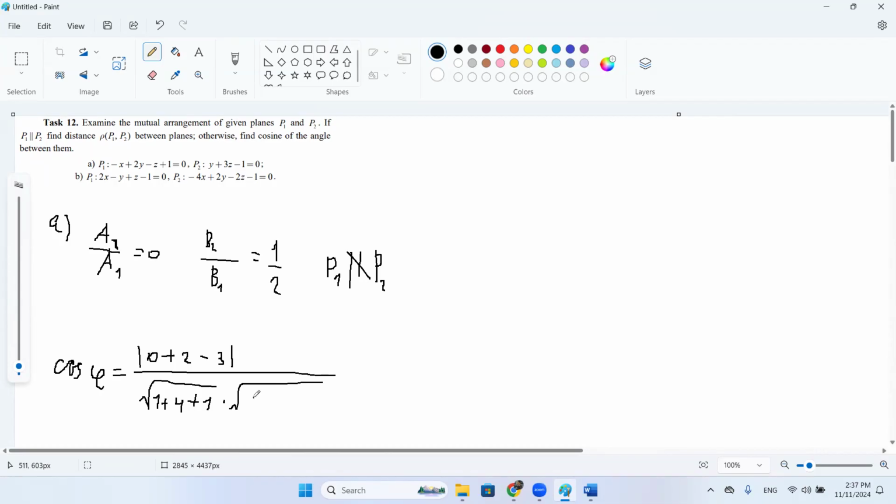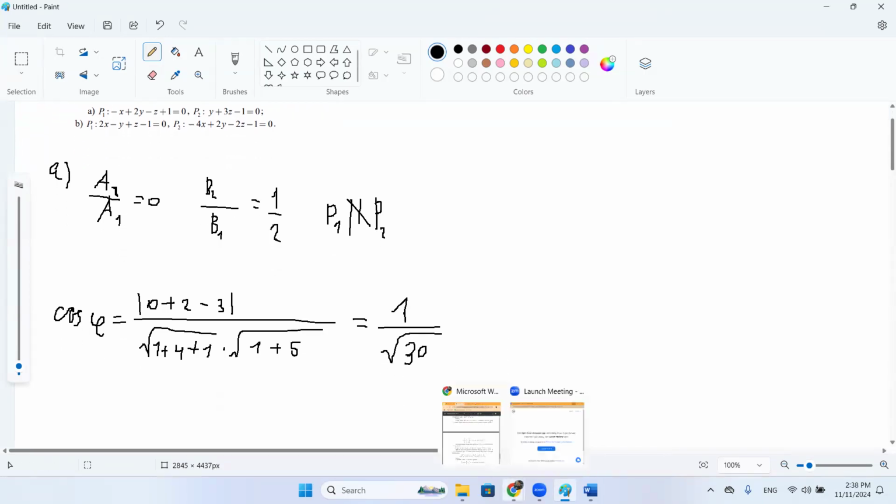And here what we have, so 0, so 1 plus 4. So 1 by square root of 30. And it doesn't give us anything understandable, but we just see that the value is adequate. And that's it.